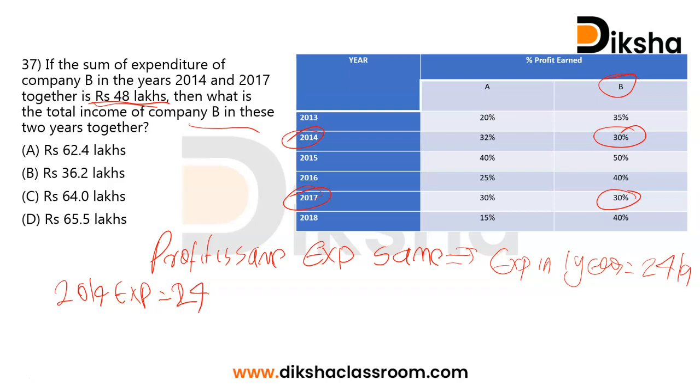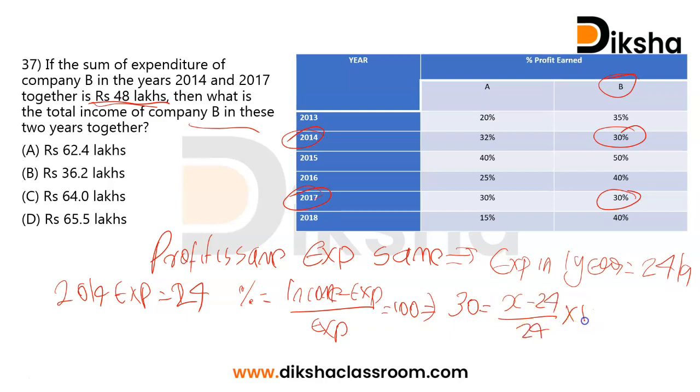Now we have profit percentage equal to income minus expenditure by expenditure into 100, which gives profit percentage 30 equal to x minus 24 by 24 into 100.